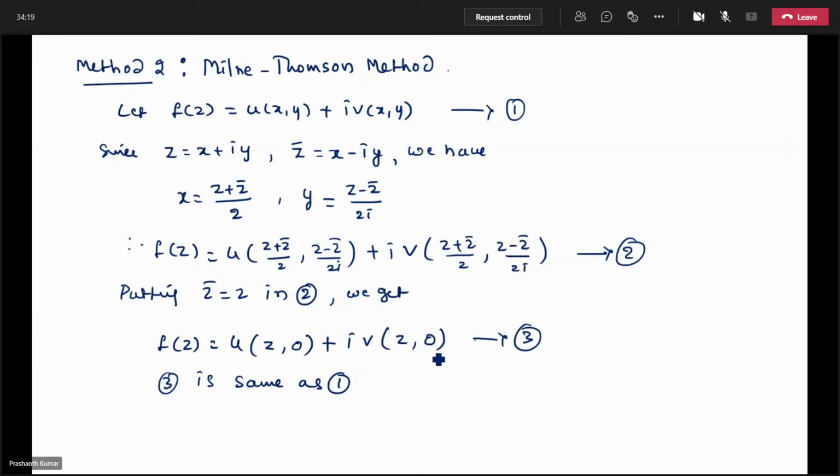That means in the equation 1, we are replacing x by z and y by 0. We are getting equation 3. That is, if we replace x by z and y by 0.